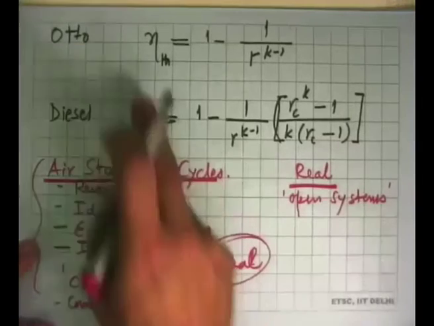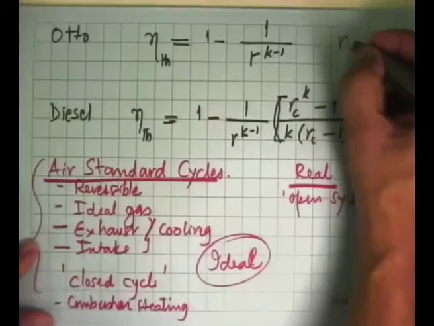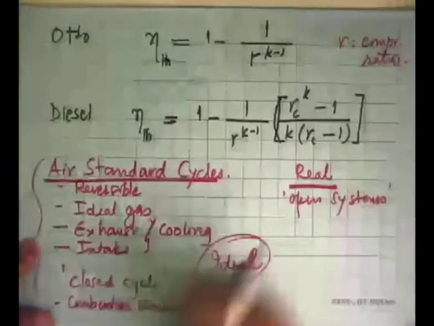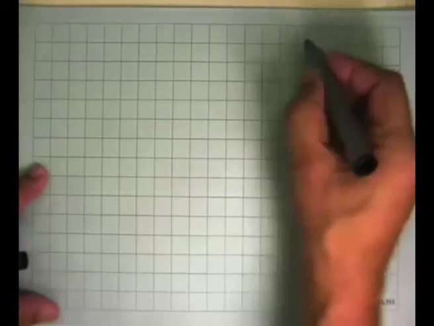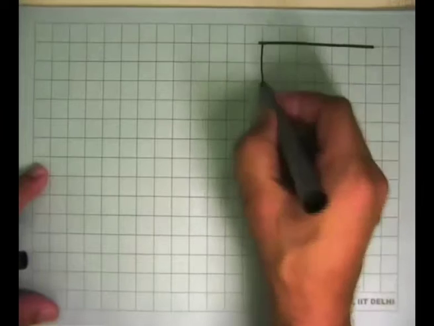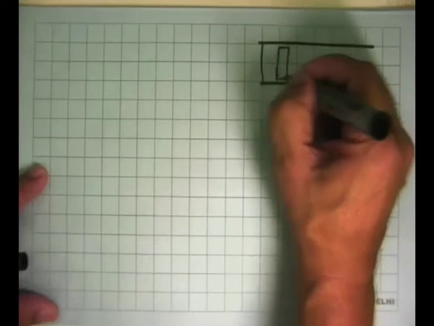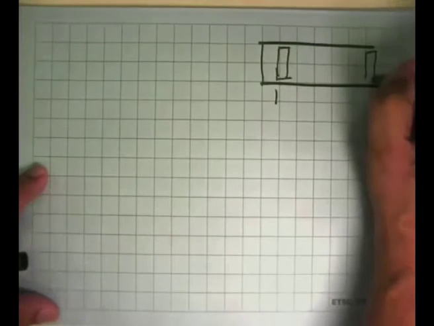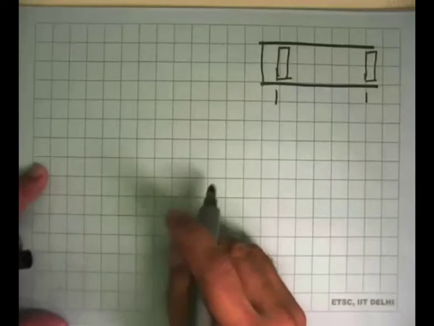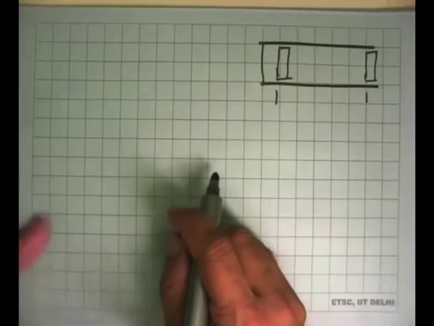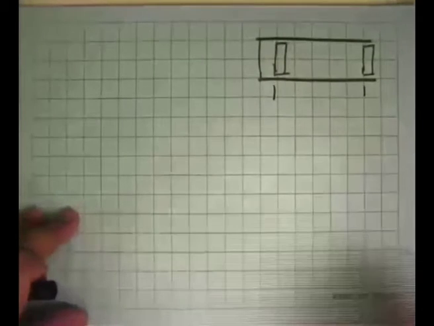So these are the formulae. Thermal efficiency of Otto cycle is 1 minus 1 over r to the power k minus 1, where r is called the compression ratio. So what is compression ratio? In this cycle, we have a cylinder piston arrangement where the piston moves between this extreme position and this extreme position. And this is standard in machines, whether it's a compressor or a reciprocating internal combustion engine.